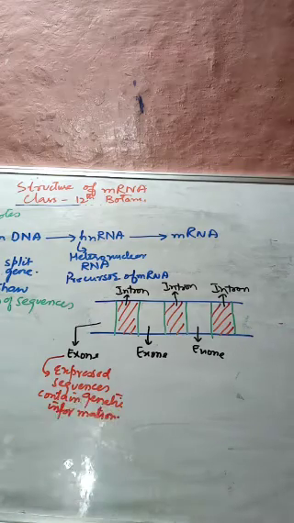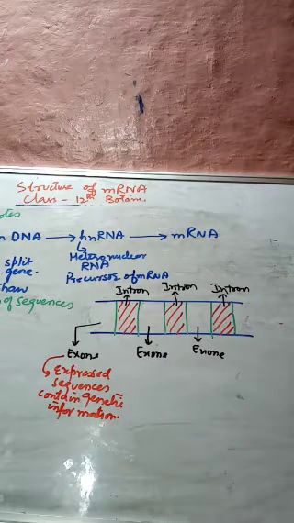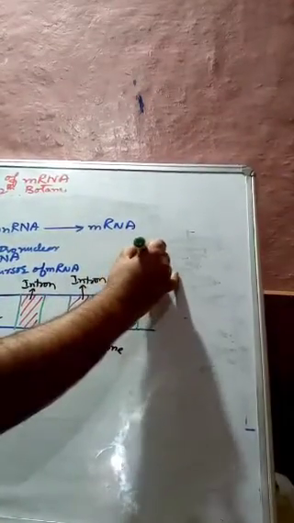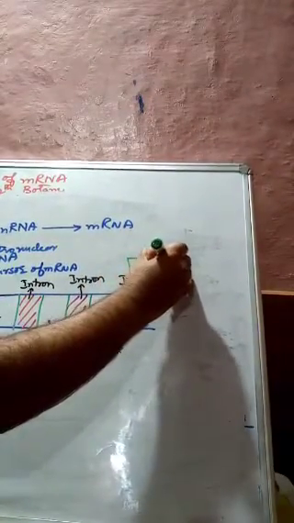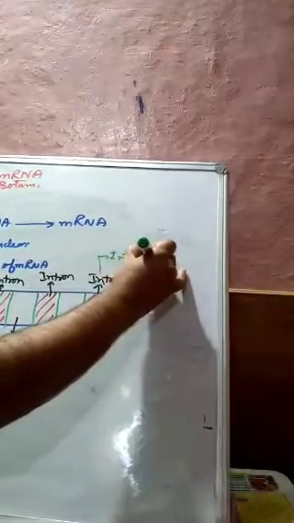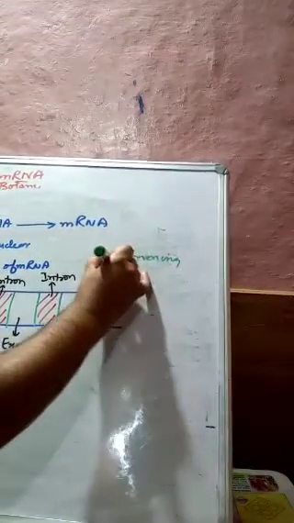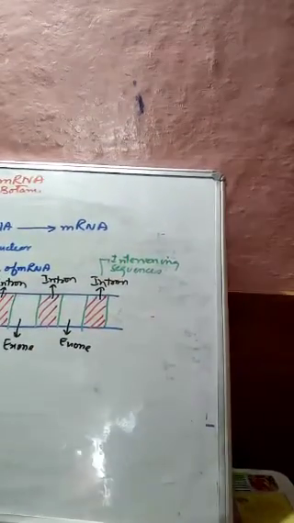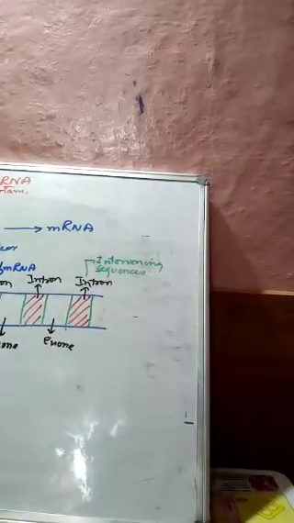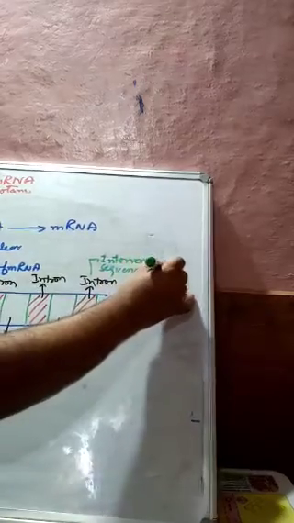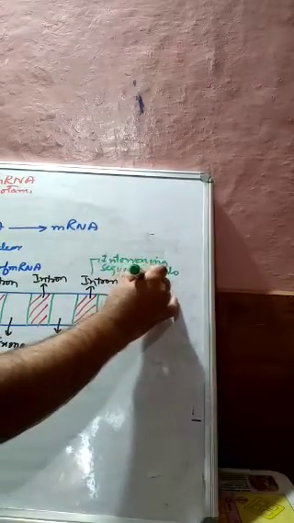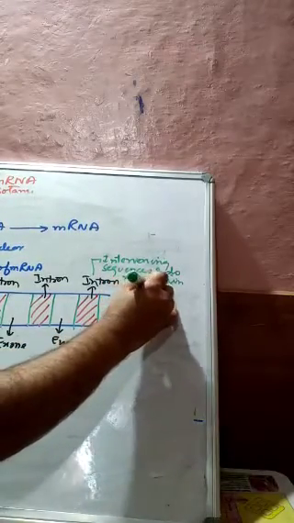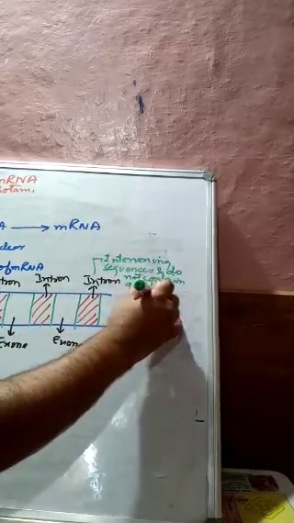Now if we talk about introns, what are these? They are intervening sequences, and they do not contain genetic information.